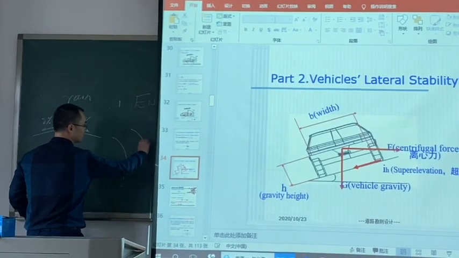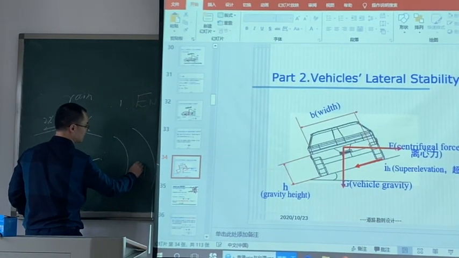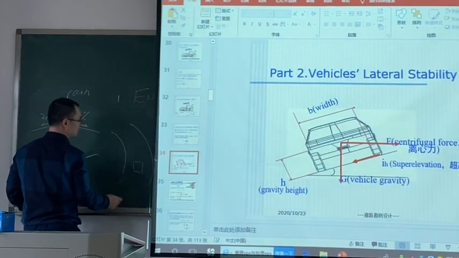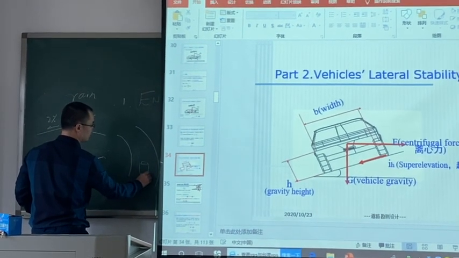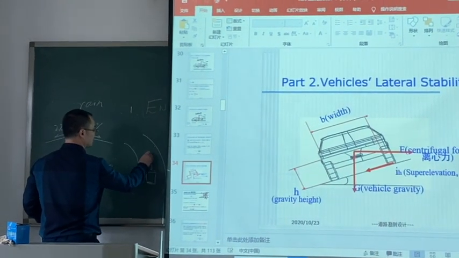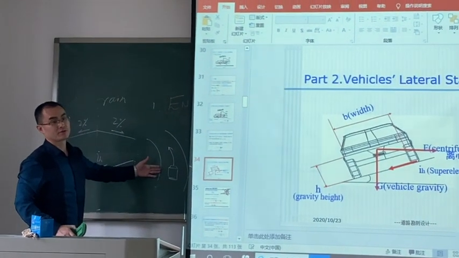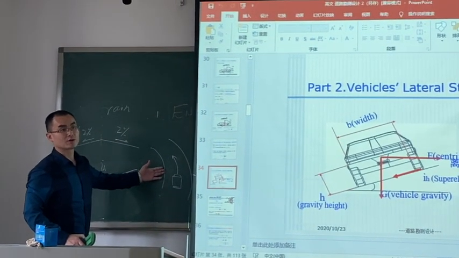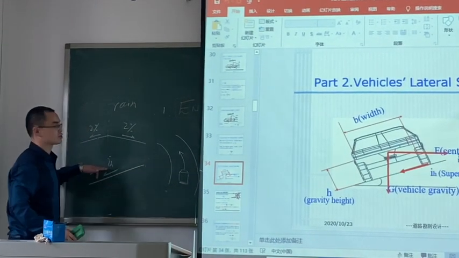This is the vehicle. Circular movement needs a force.